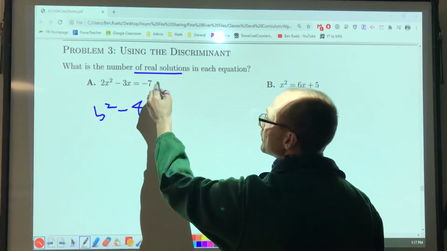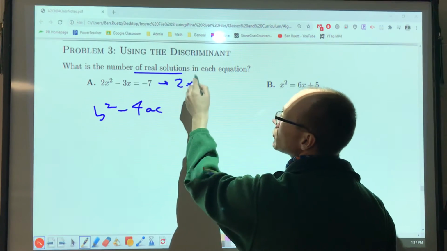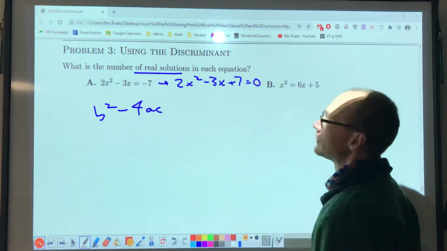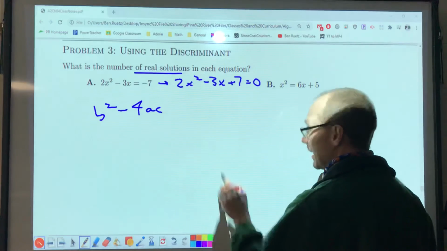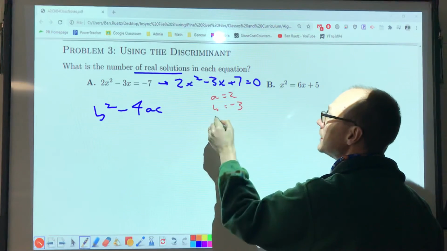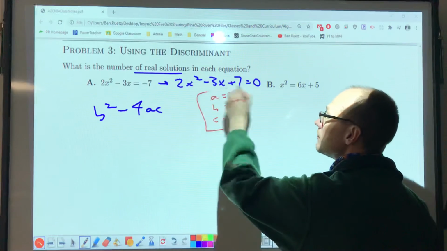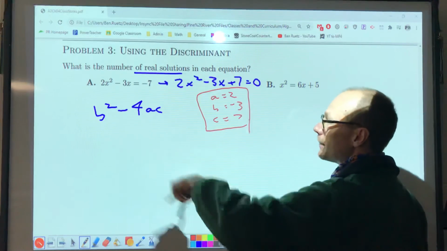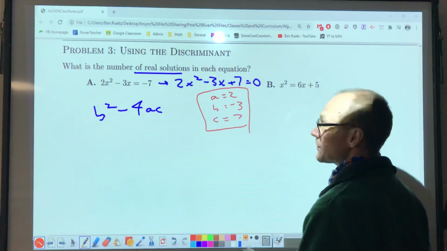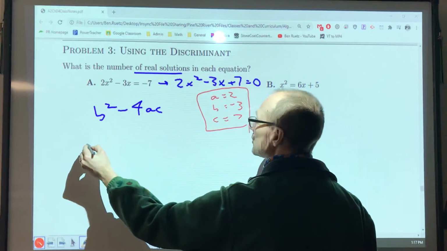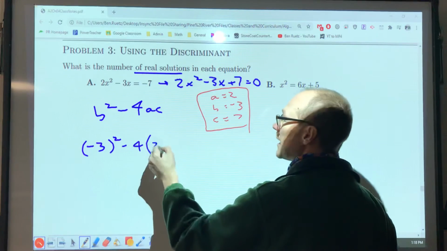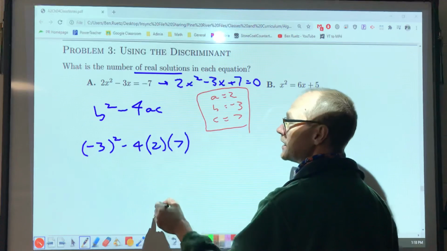In this right here, this equation turns into 2x squared minus 3x plus 7 equals 0. And my a then is 2, my b is negative 3, my c is 7. And I can put those numbers into the discriminant to see what kind of solutions I have. So b squared, negative 3 squared, minus 4 times a times c.